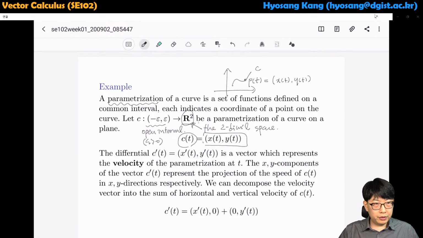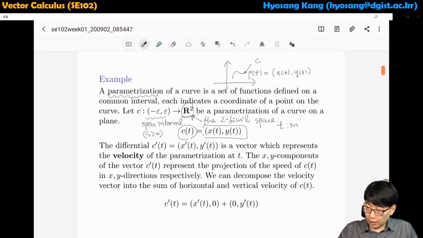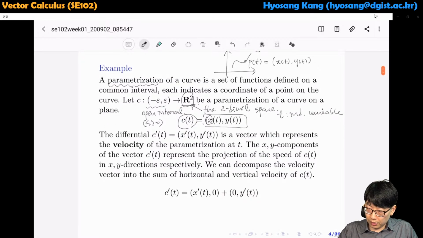So this is one example of a multivariable function. We have one independent variable t. So t is the independent variable. And we have dependent variables, which are x and y.